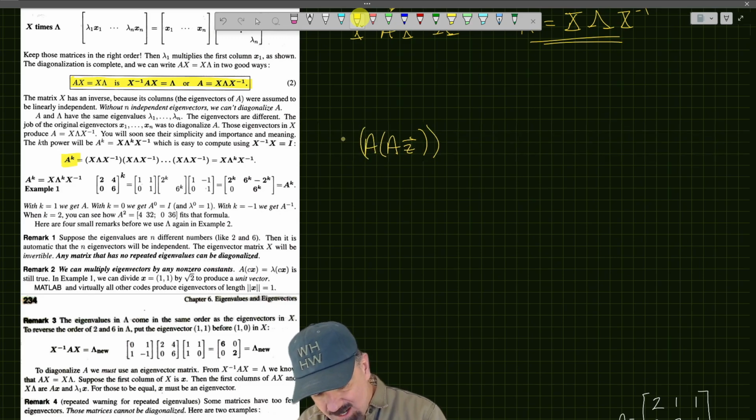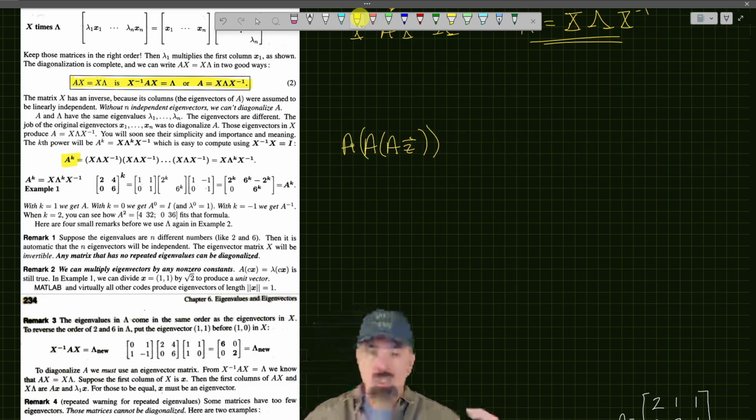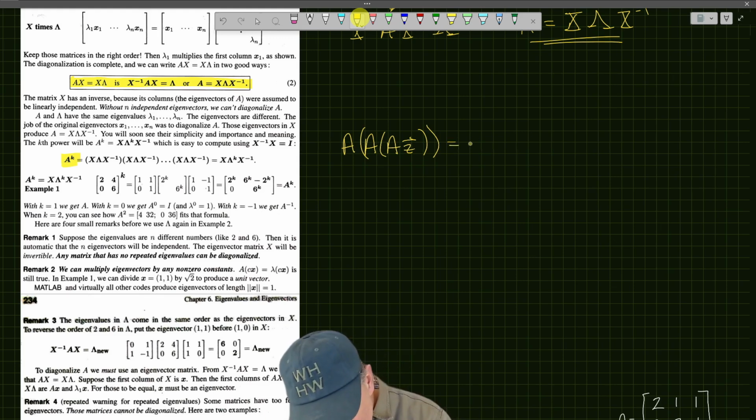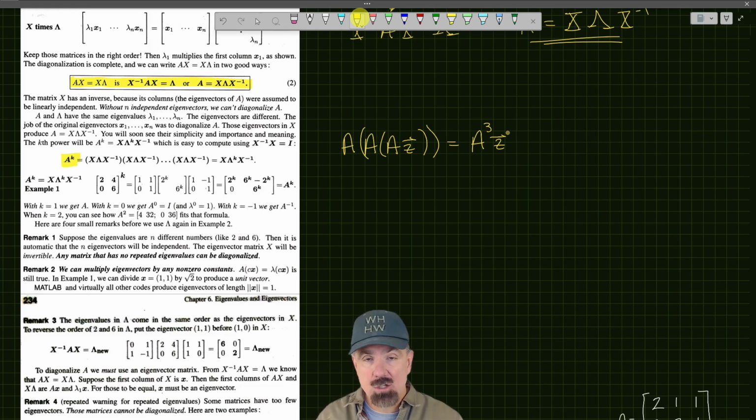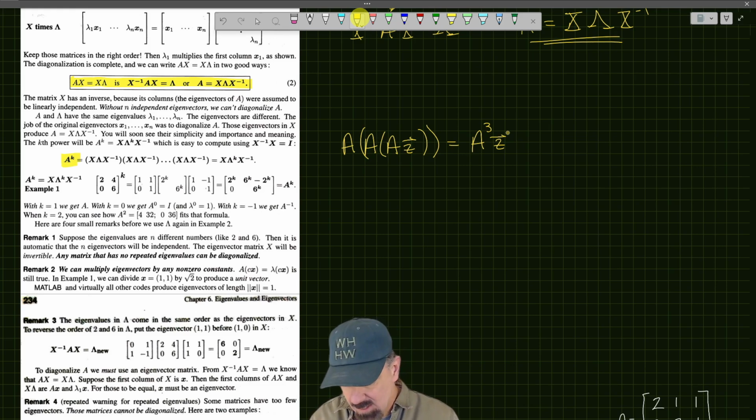And once we get that vector, we're going to multiply by A again, just like we did with the map program. This is recursive application of the linear transformation A. And you can see in this simple case, we have A cubed times z. And his point is, if we've diagonalized A, we can do this easily. And near the end, I'll show you an example of this.